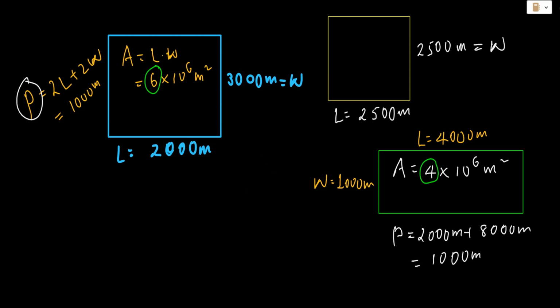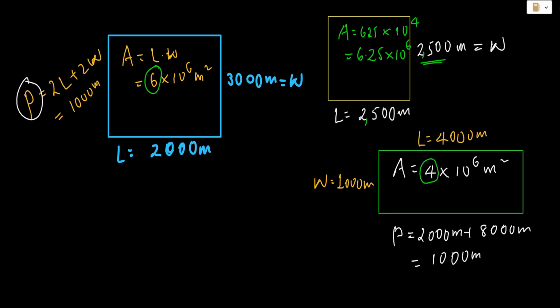Now consider the third rectangle, which is a square, the 2,500 meters by 2,500 meters we found. If you calculate the area, it will be length times width. So 25 times 25 is 625, and 100 times 100 is 10 to the power of 4, which is 10,000. To compare, 6.25 times 10 to the power of 2 plus 4 gives 10 to the power of 6.